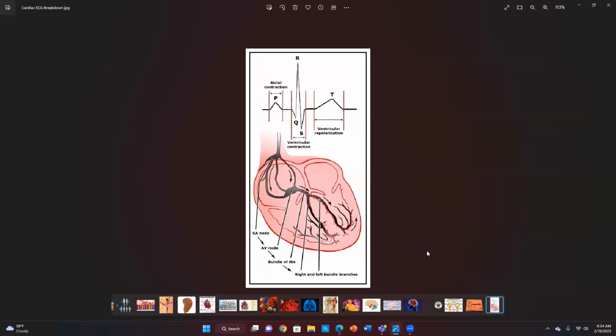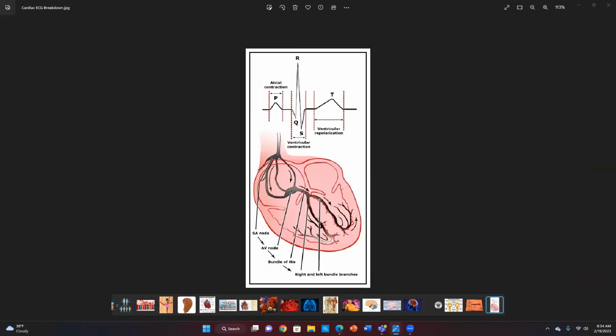If that little story helps you remember bundle of His, then great. The next stop is going to be the right and left bundle branches. Sometimes, and I believe in your textbook, it's also called the Purkinje fibers. I'm just putting that in the chat. So you need to know those 4 stops.